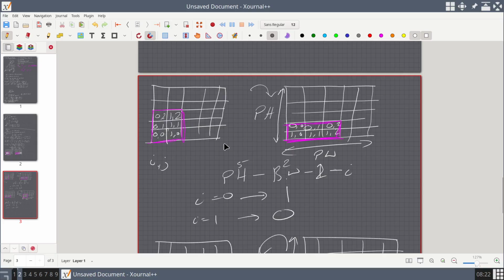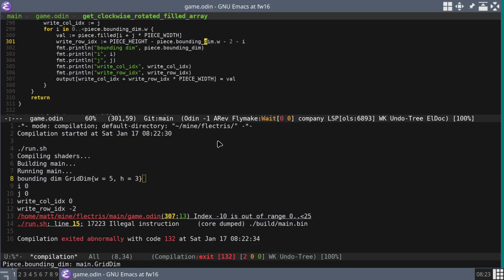So in this case, that dimension there is 5. My right row index then is 5, minus 5, minus 2, minus that. Yeah. Okay. Would that be bounding dim height then?